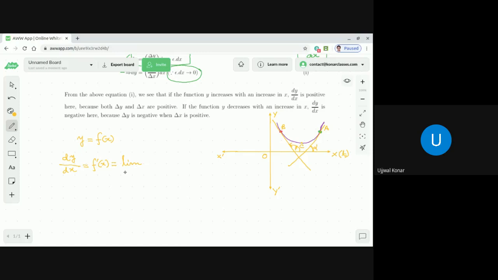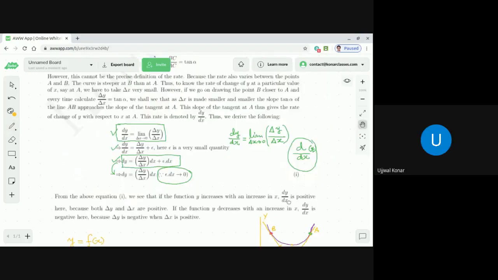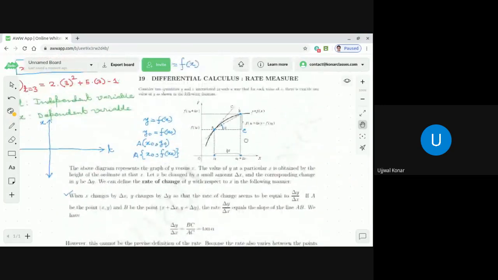So it is the limit as delta x tends to 0. And what we are getting is delta y. Delta y means f of x plus delta x minus f of x. Correct or not? If you see in the above curve, what is the point B?